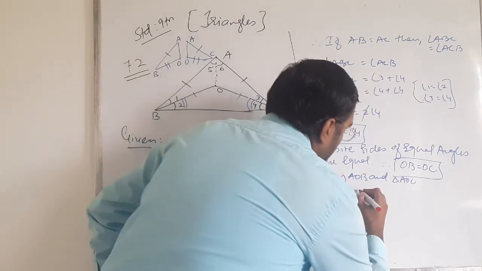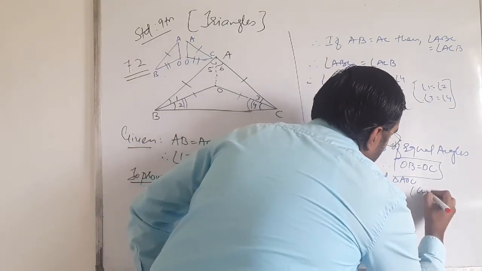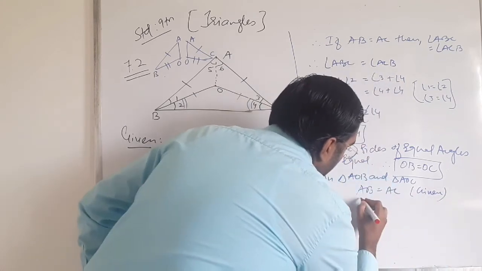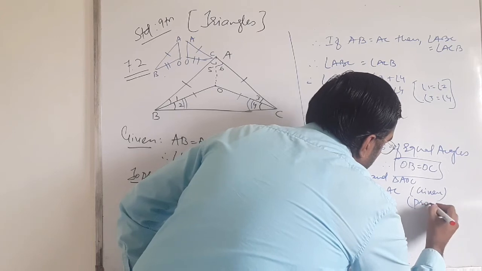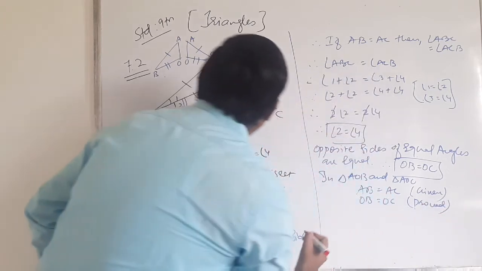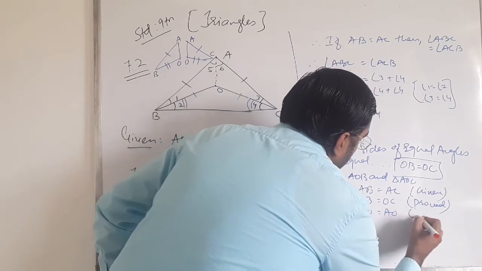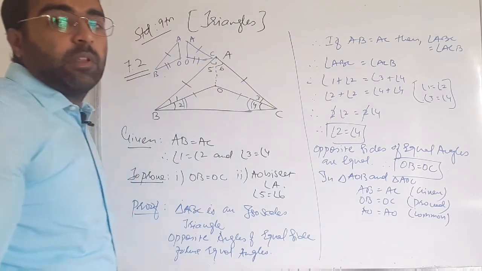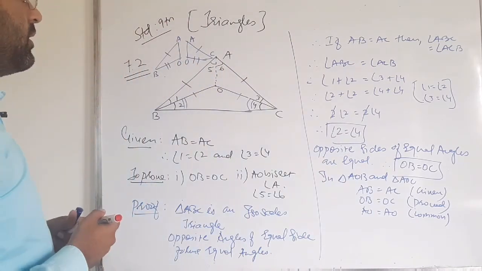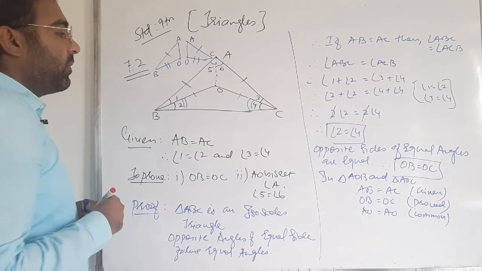So in that, AB is equal to AC, that is given. OB is equal to OC, that we have proved just now. And AO in both triangles is common.